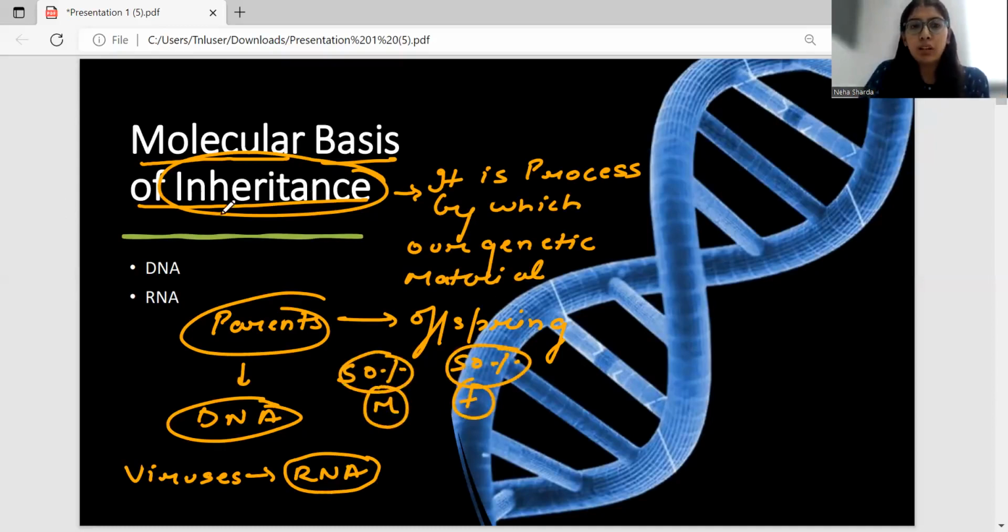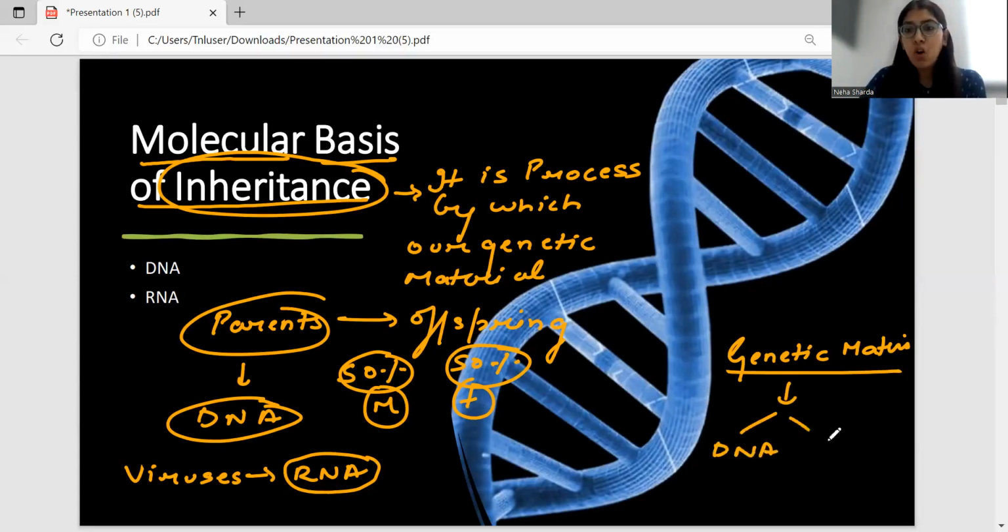So in this chapter, inheritance, we got to know what is inheritance. It is the process by which our genetic material transfers from parent to offspring. What is genetic material? Genetic material in living organisms can be DNA or RNA, which stores their information.